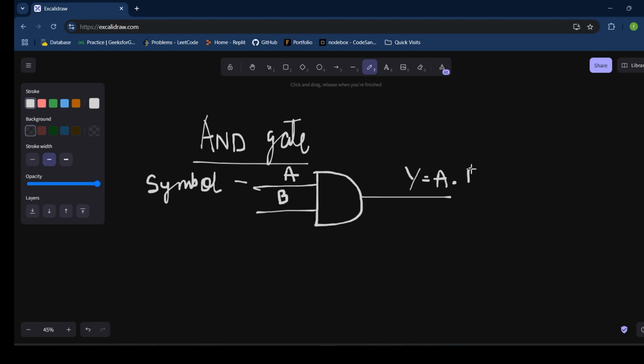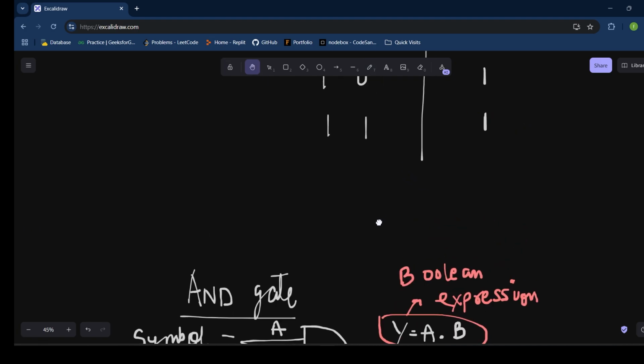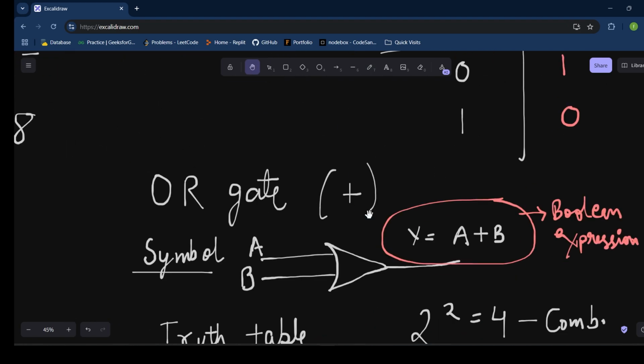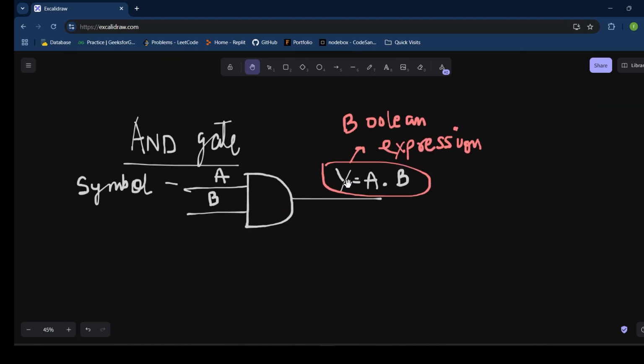It will be A into B. AND gate is also known as multiplication gate. And same for the other gates also. So we have our AND gate.